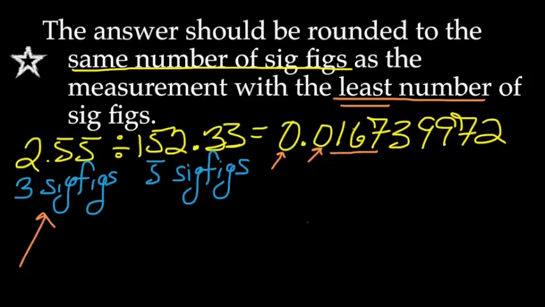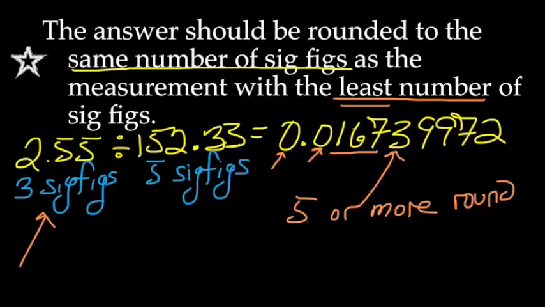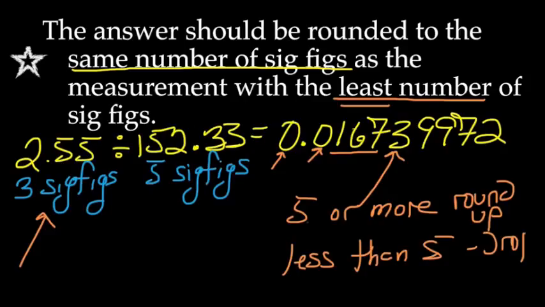All right, so we're going to be dropping everything from the 3 on. One more time, let's review the rounding rules. If the number you're going to drop is 5 or more, what do you do? Round up. If the number you're going to drop is less than 5, what do you do? Drop.